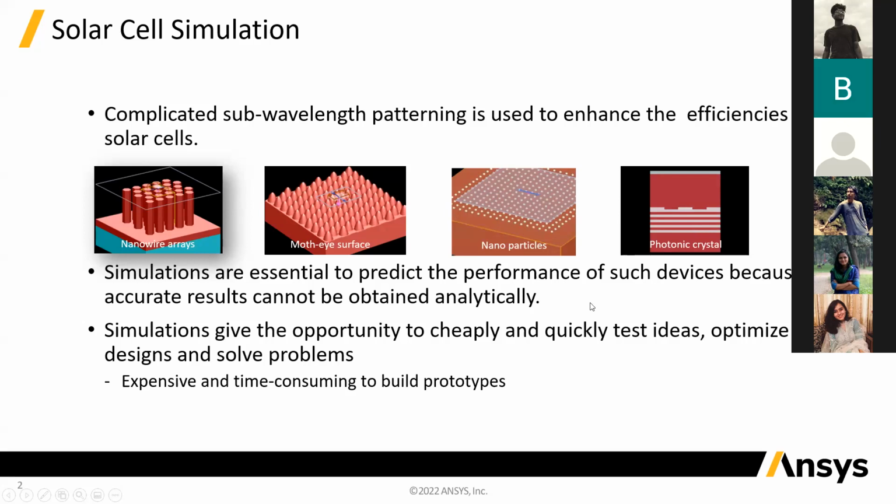Whenever you have these different patterns with sub-wavelength structures, you need to use a solver like FDTD because you need to solve Maxwell's equations to figure out how light would interact with these structures and how it will get absorbed. So simulation becomes very important.